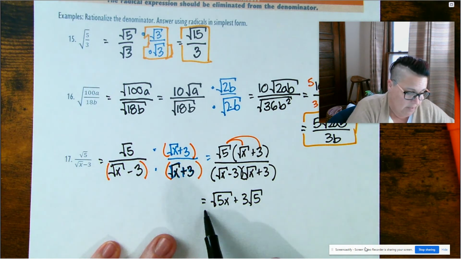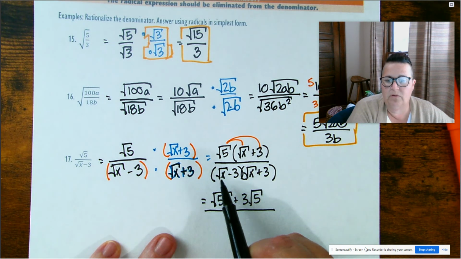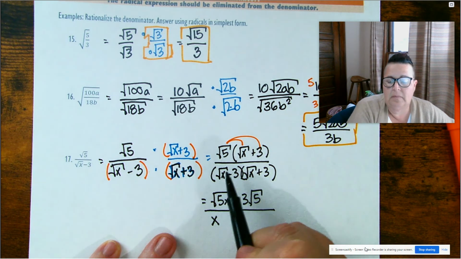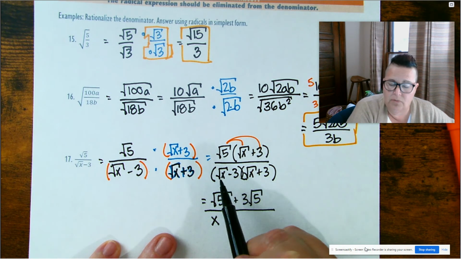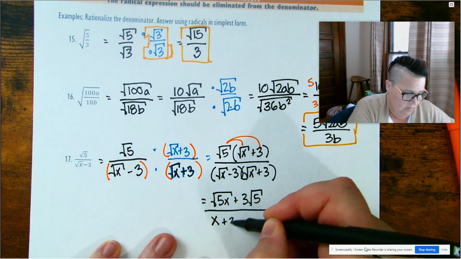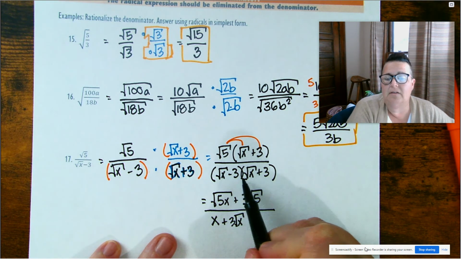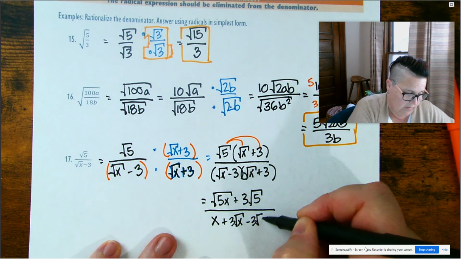Now in the denominator, here's where we get a beauty. We're going to have the square root of x times the square root of x. That's going to be an x. We're going to have the square root of x times 3, so that's going to be plus 3 square root of x. We're going to have 3 times the square root of x, so we're going to have minus 3 square roots of x.